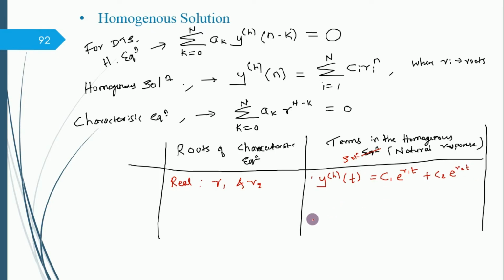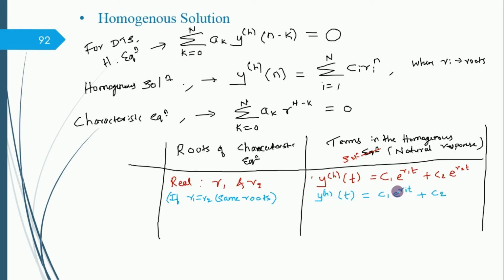If same root, I'll write the special case here with other ink. If R1 and R2 are same, that is, same roots appear, then the equation looks like this: yh of t is equal to c1 e raised to r1t plus c2, as R1 and R2 both are same.